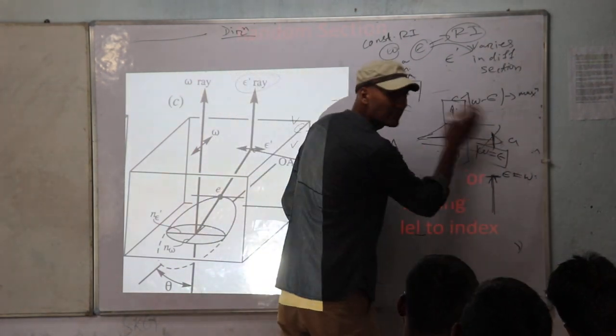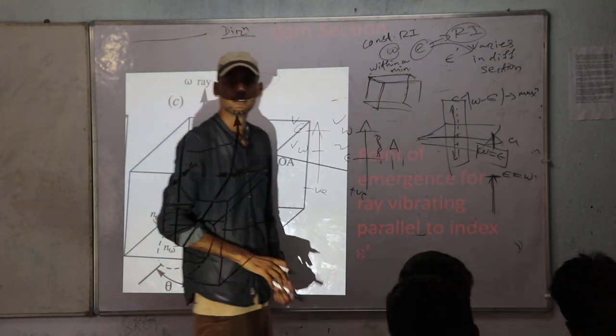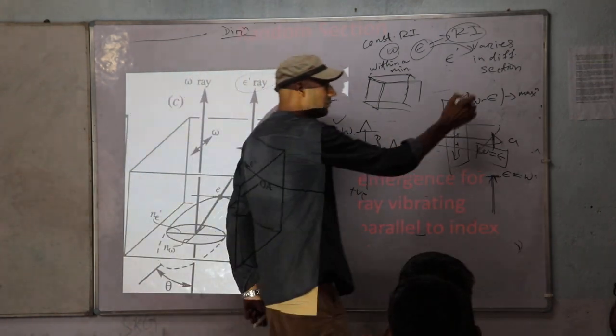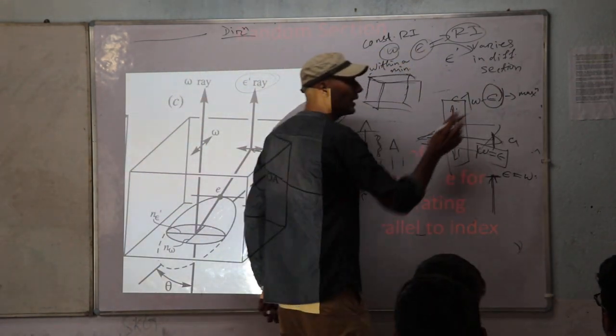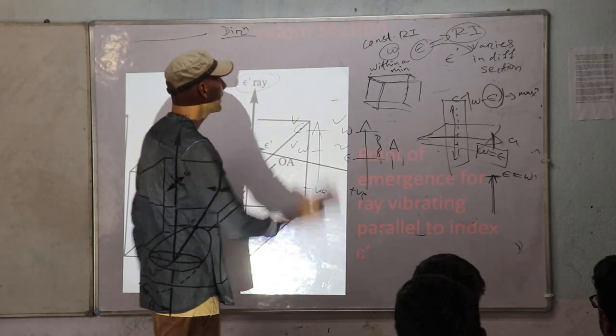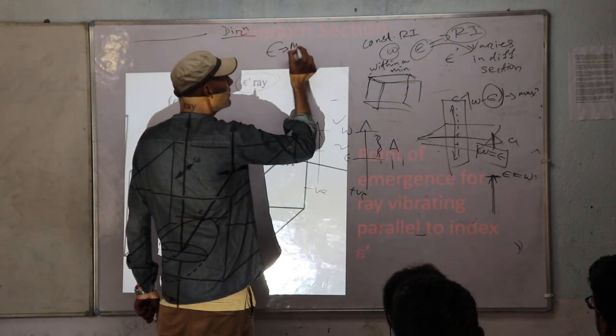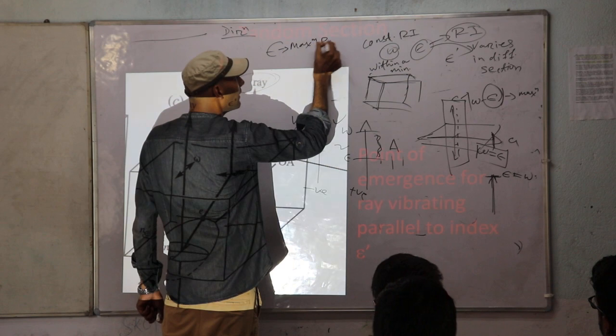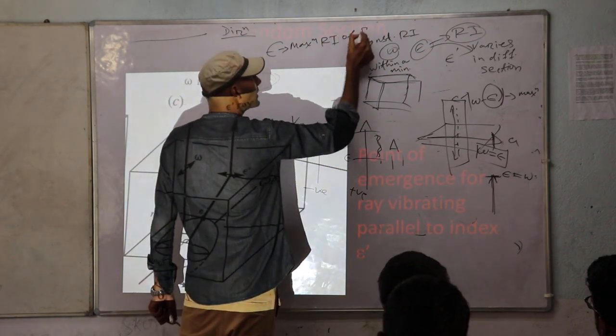In any other section the epsilon will vary. Got that? The maximum refractive index of extraordinary ray is termed as epsilon. Epsilon is the maximum refractive index of extraordinary ray.